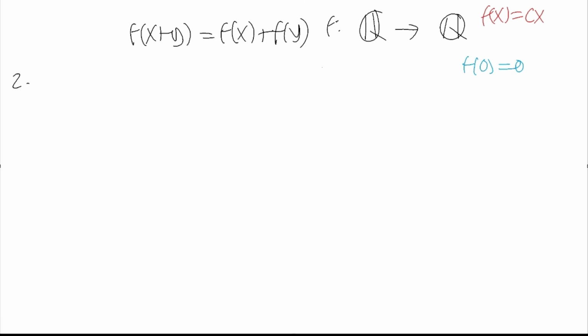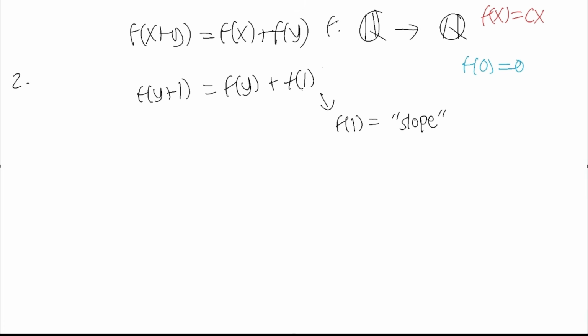And if we plug in x = 1 instead, we get f(y + 1) = f(y) + f(1), whatever f(1) is equal to. That means that if we increase y by 1, as we do here, we increase f(y) by f(1). So in a way, f(1) is like the slope.